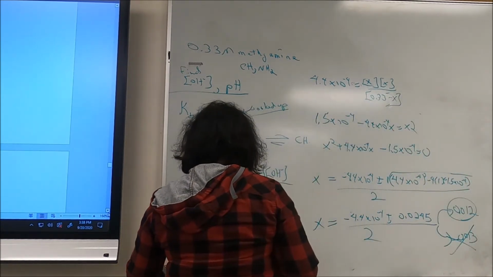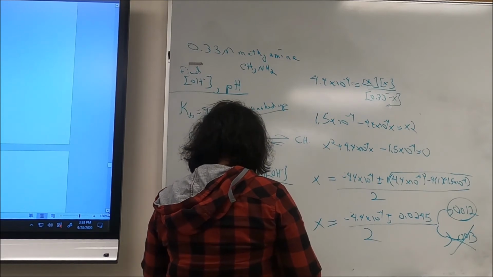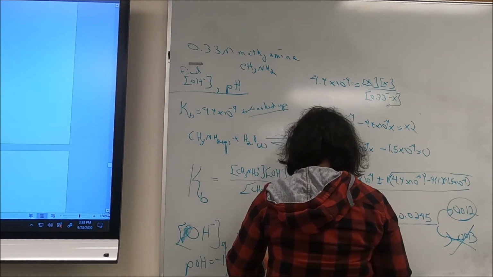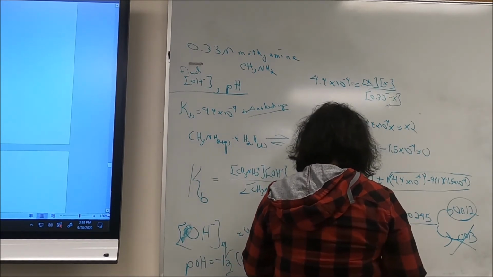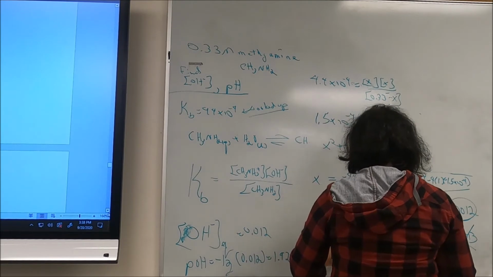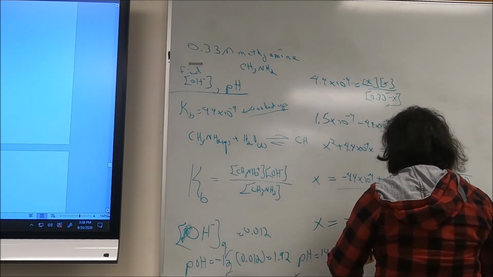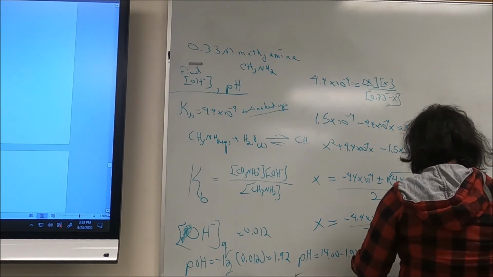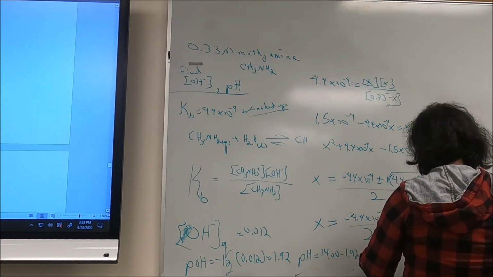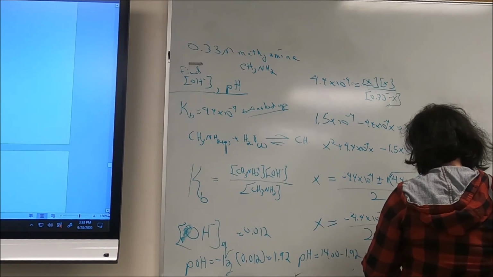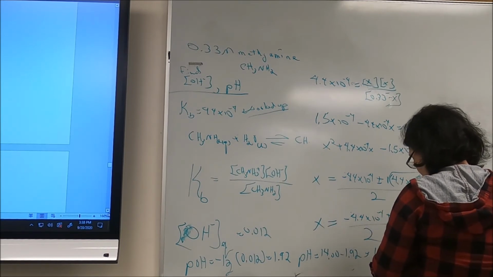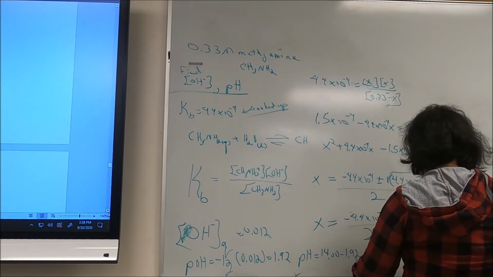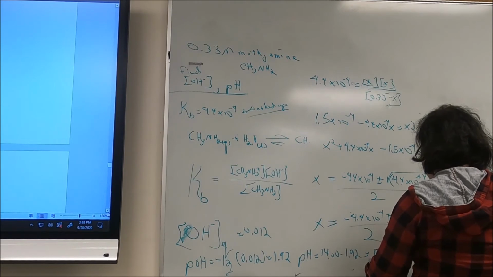Our pOH is the negative log of 0.012, which is 1.92, and our pH is going to be 14 minus 1.92, which is 12.08.